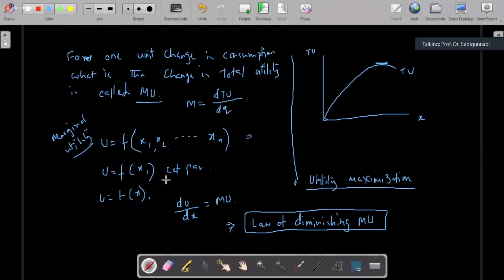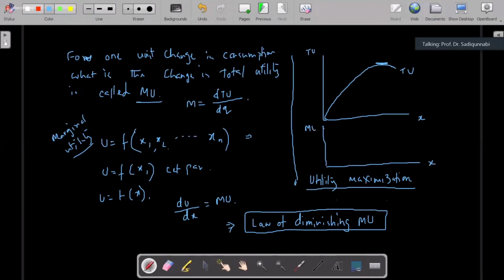If I draw a curve below for marginal utility, suppose it is X consumption of X good and it is marginal utility.